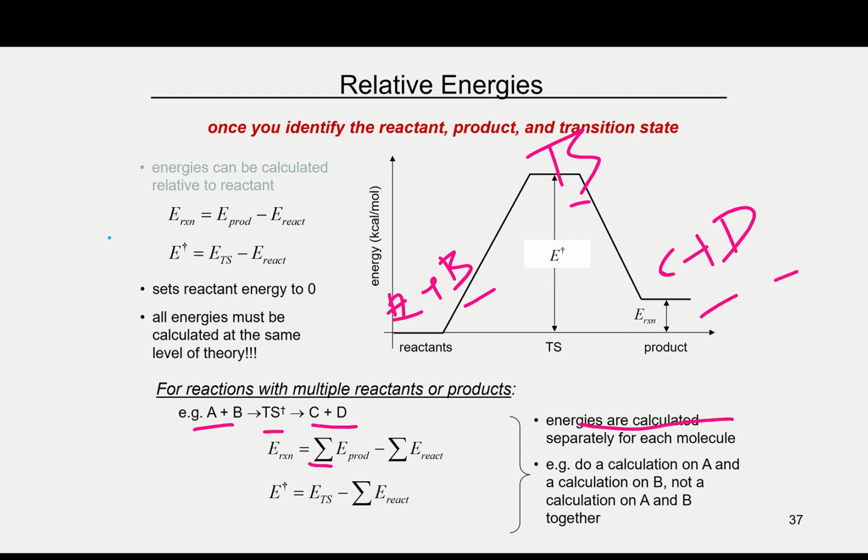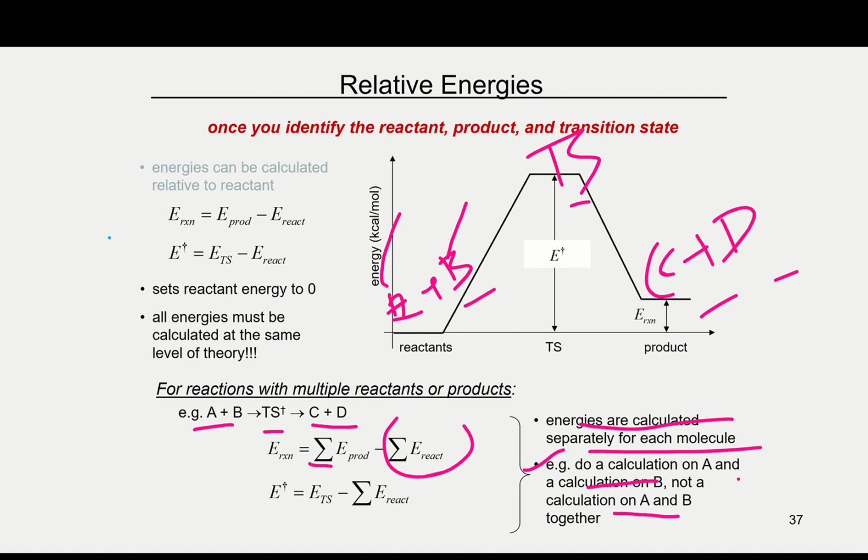Energies are calculated separately for each molecule. You should calculate the energy of this molecule and then this molecule. For example, do the calculation for A and B separately, not for A and B together. First do A and then B, like you see in here, and then do the summation of these two.